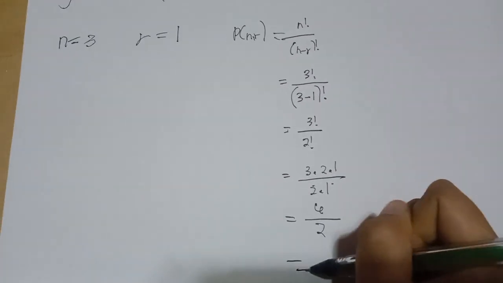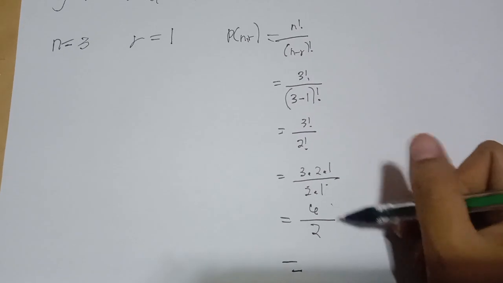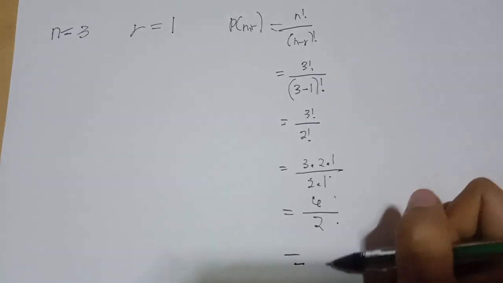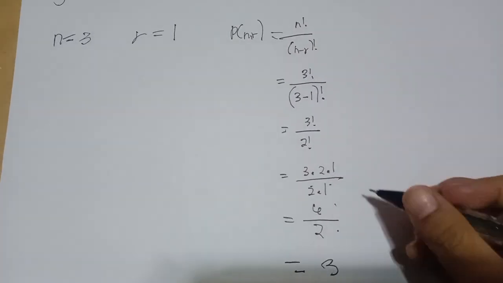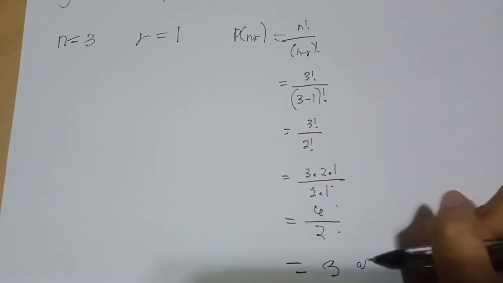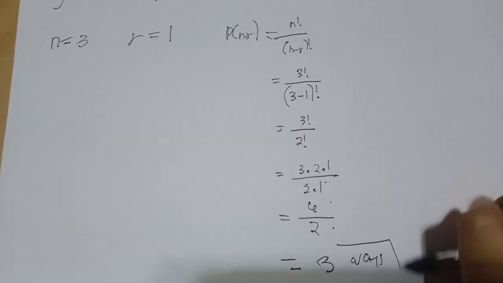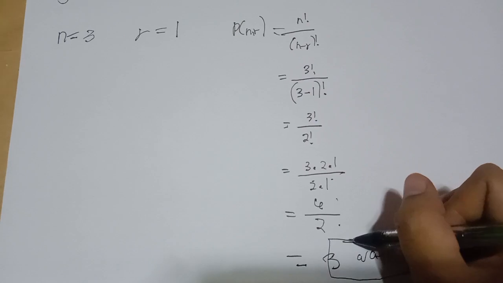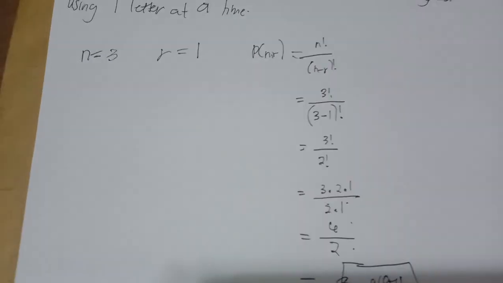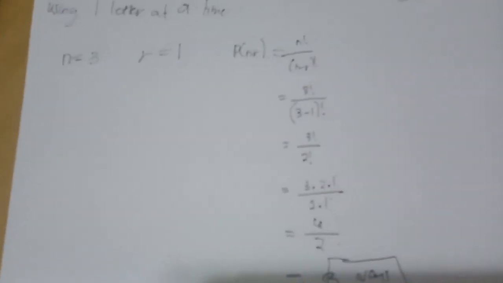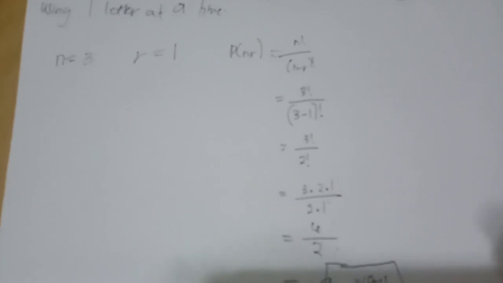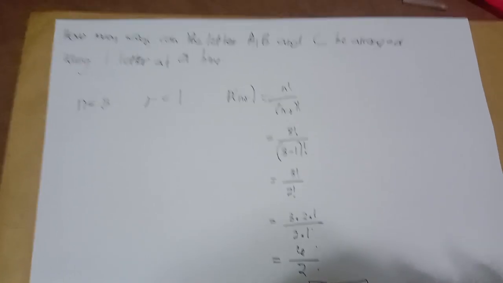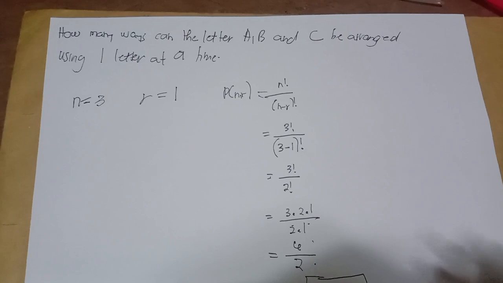So we have 6 divided by 2 equals 3. So the answer is 3 ways. Okay, did you get it? Okay, very good. And for now, that's all for my topic for today.